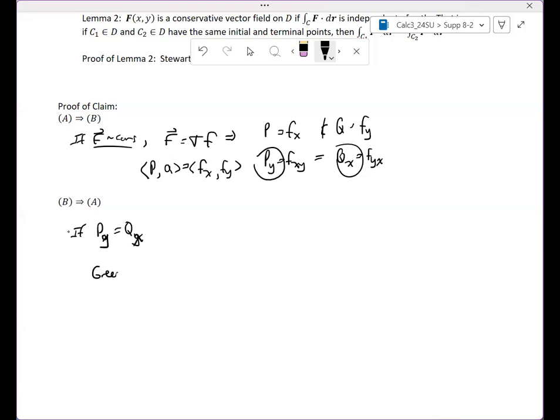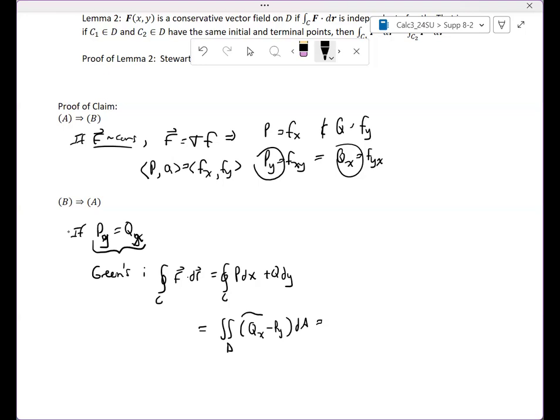Well, then Green's theorem comes into play and says that the integral over a closed curve of F dot dr, remember that's the integral of P dx plus Q dy, is the double integral over the enclosed region D of Qx minus Py dA. But wait, Py equals Qx.